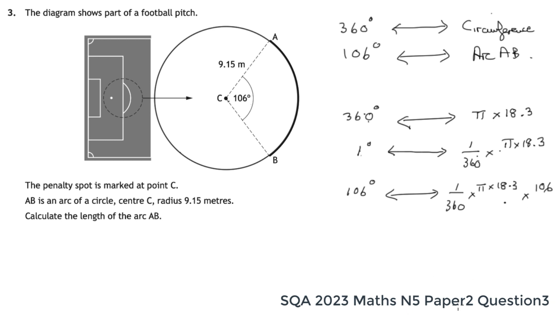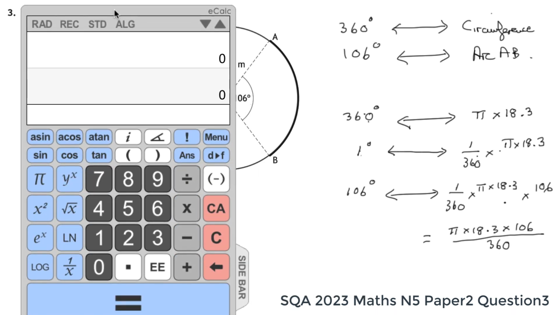And that's basically the calculation that we do. On the top of that fraction, we've got pi times 18.3 times 106. And on the bottom of that fraction, we've got 360. So that's the calculation that we're going to do now.